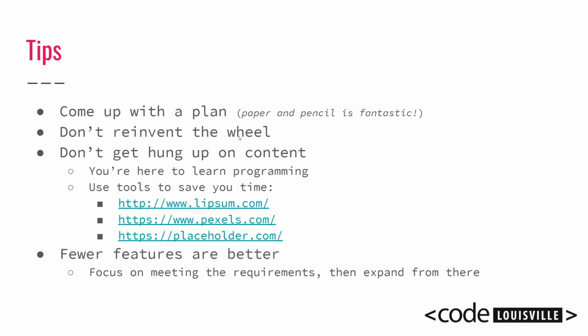Don't reinvent the wheel. It is very common to look at how other people have done things in the web development world and modify them for your own purpose. It is perfectly acceptable to research how to create a lightbox that pops up the image and grays out the background, and reuse other people's code. The important thing is that you understand why it works the way it does and how it integrates with your project.